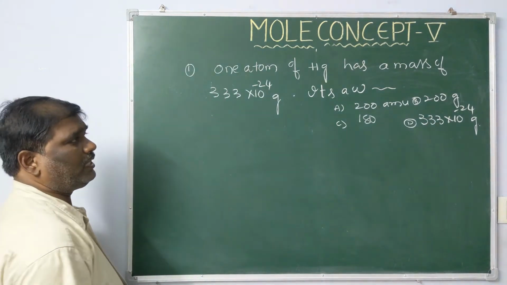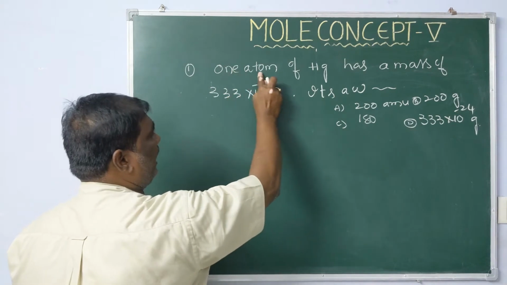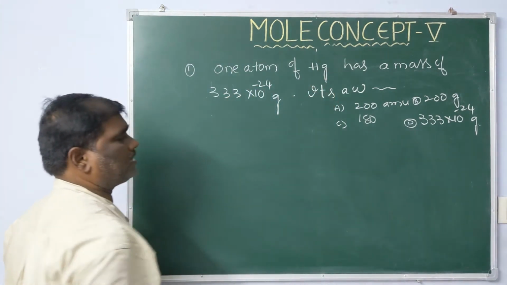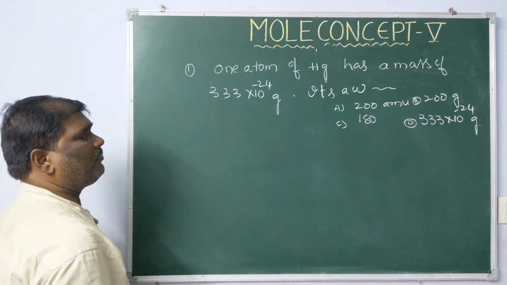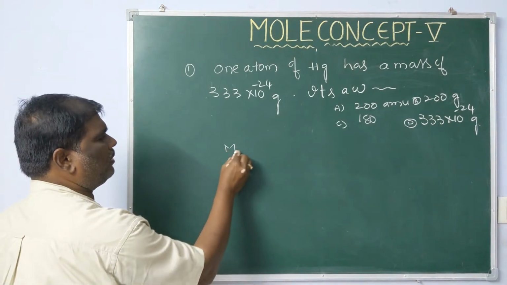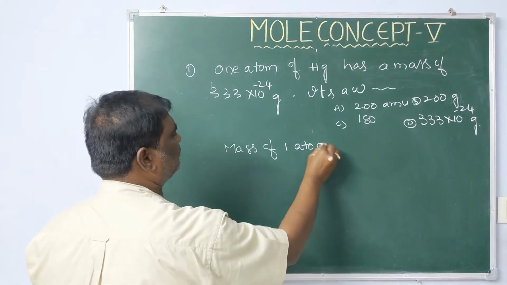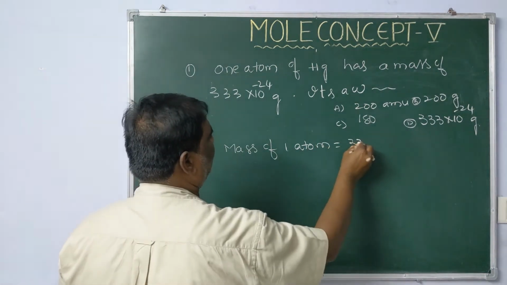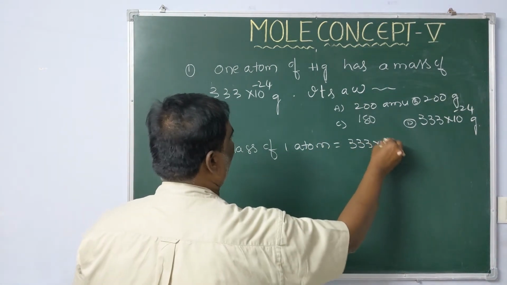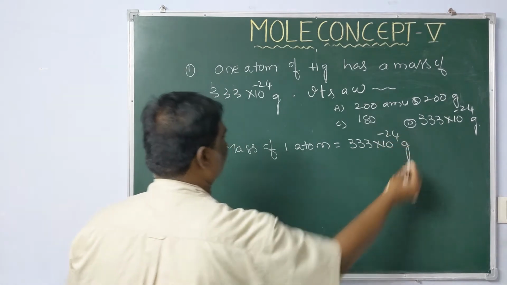Now, first of all, what is given? One atom of mercury has a mass. So we have the mass of one atom, 3.33 into 10 power minus 24 grams.